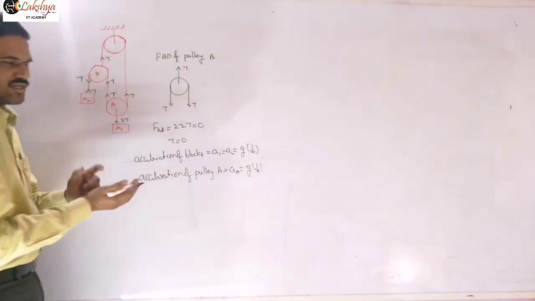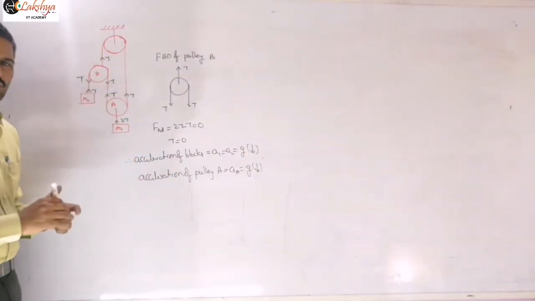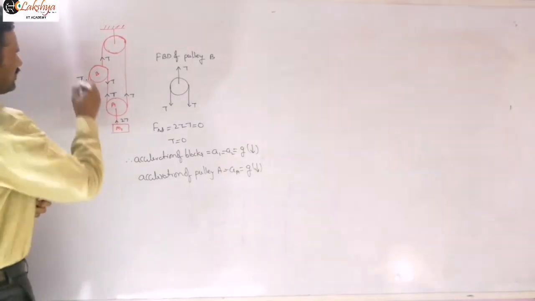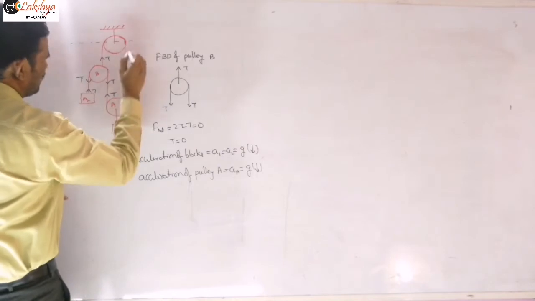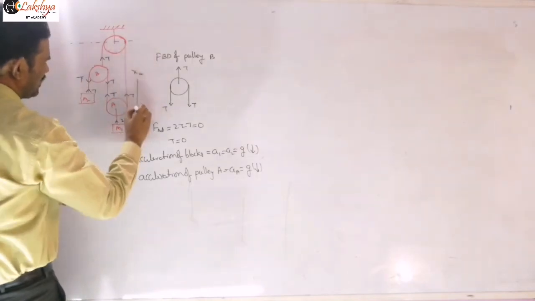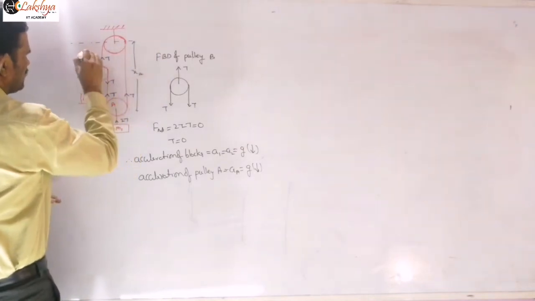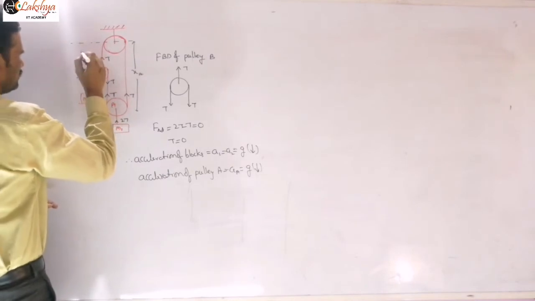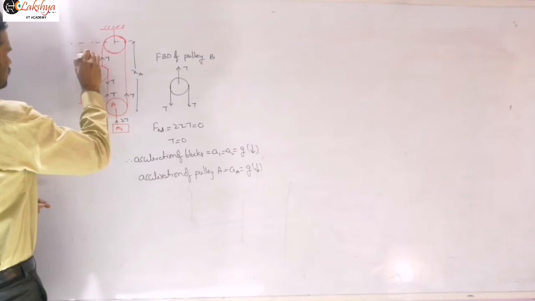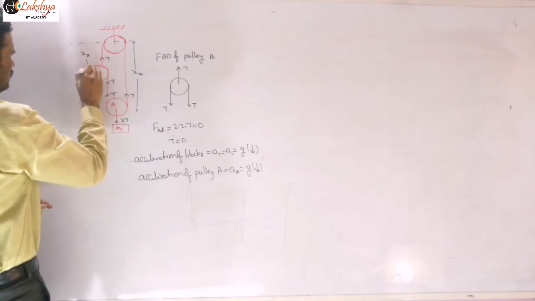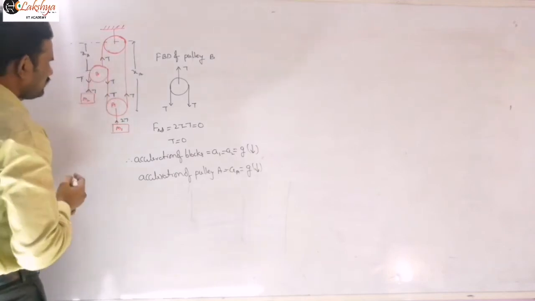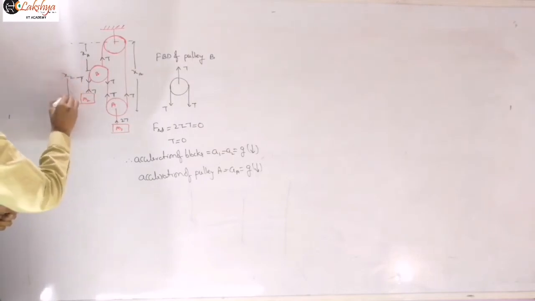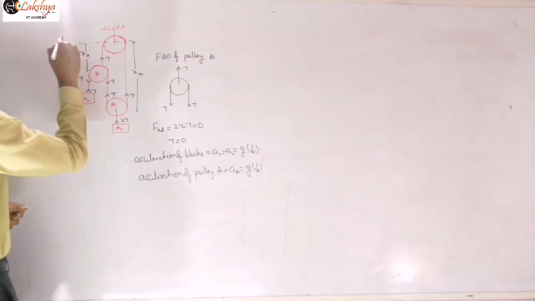So the same procedure. And again to find the acceleration of pulley B, you need to take the length of this string. So let us take this here, and this is XA I am taking here, and this is XB let us consider. Right? And this length I am taking some X2, distance of this block here.